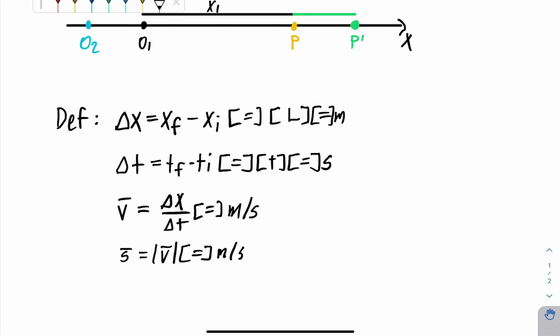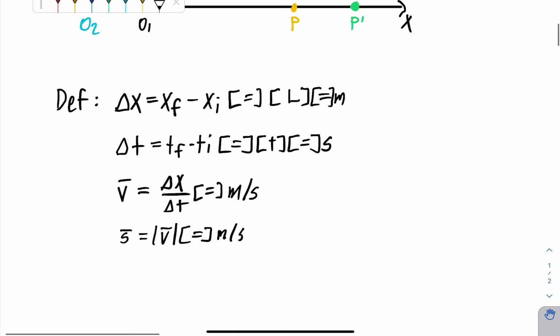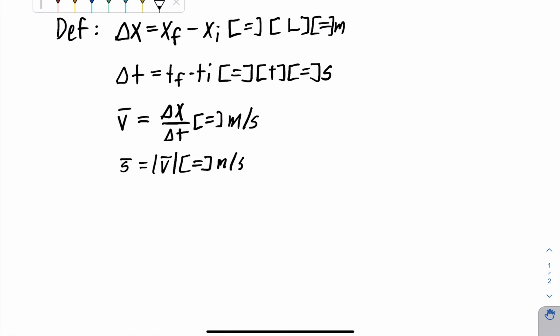Okay, now what we can do is change this average velocity into some sort of instantaneous velocity. As you see, we have a delta x over delta t, and this looks very similar to what we had in the last video, where we had delta y over delta x, and of course that became a derivative in the limiting case. So what we're going to do is take the velocity and turn that into the limiting case.